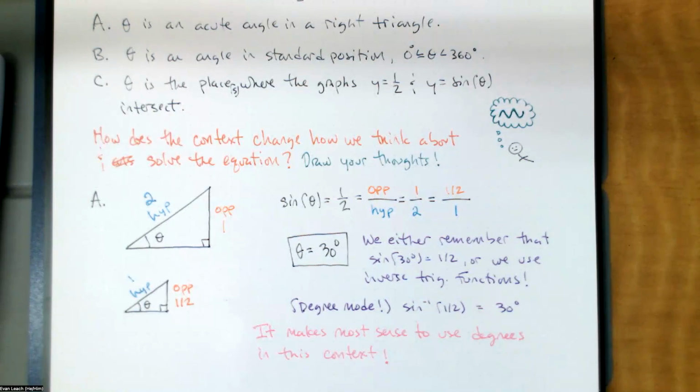Problem that goes way back to the beginning. I should make this the lead question on the final exam: sine of theta is equal to 1/2. Maybe it's too early to use the word final exam.